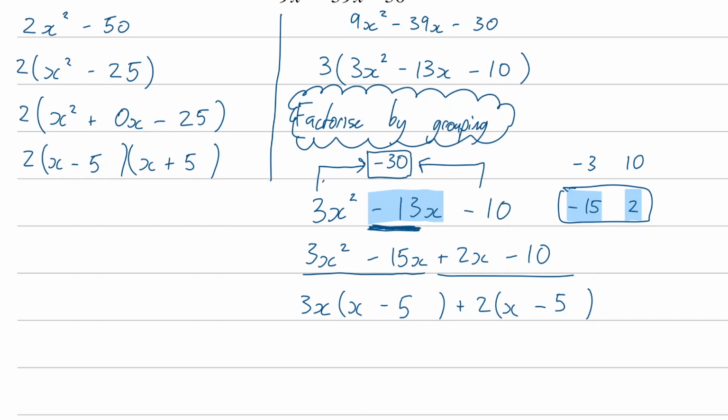And now, hopefully you'll notice, there's actually a common factor of x minus 5 again. So we pull out x minus 5 as our greatest common factor. x minus 5 times what gives us 3x times x minus 5? Well, that's just 3x. x minus 5 times what gives us 2 times x minus 5? Plus 2. Right, and you can check, you can expand this out, and we'll end up all the way back up here.